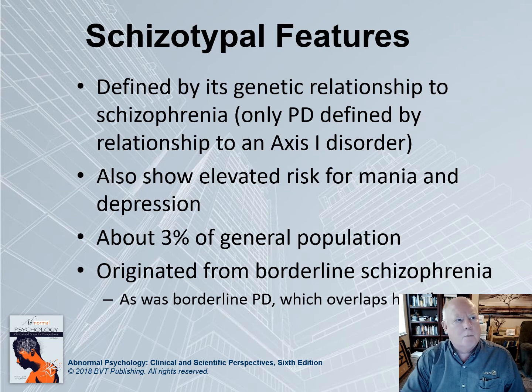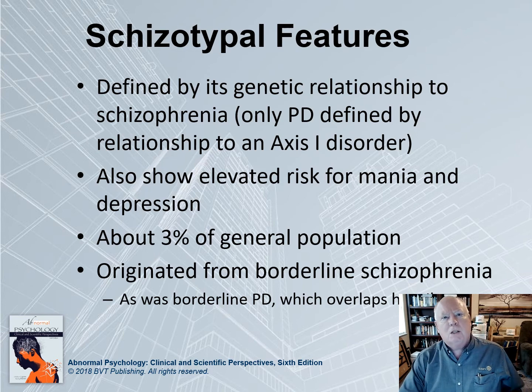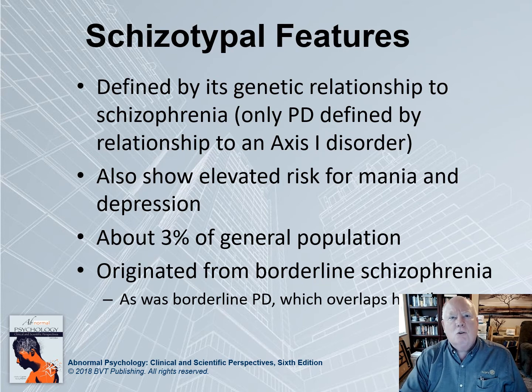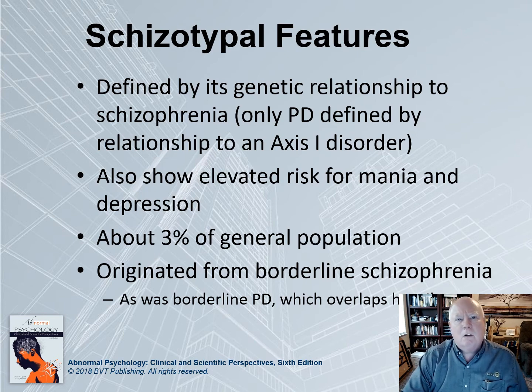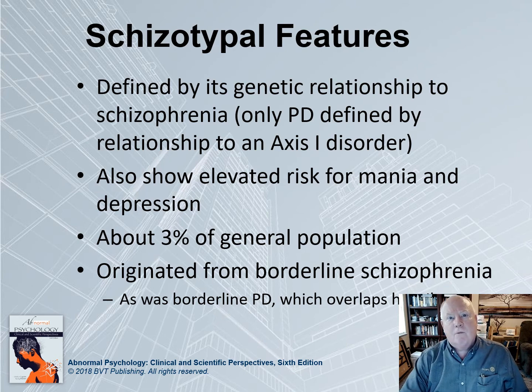Sometimes we called them borderline schizophrenia because, well, they were kind of on the border. Often we would say it was on the border of neuroses and psychoses. Sometimes we would call it pseudoneurotic schizophrenia because it looked, in terms of the symptoms, like it was primarily an anxiety-based disorder, but it was actually an underlying psychotic process that never fully developed.